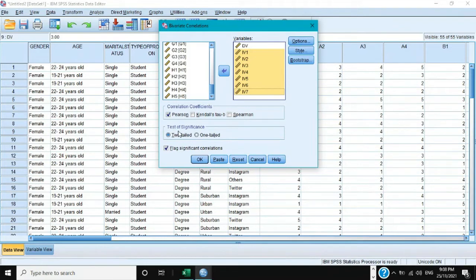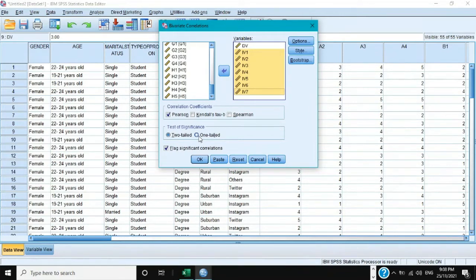Also, when you talk about the test of significance, it's very important for you to understand that if you have the word positive in your hypothesis, you have to choose a one-tail test. Let's say your hypothesis has the word positive, for example, there is a positive relationship between IV1 and DV.